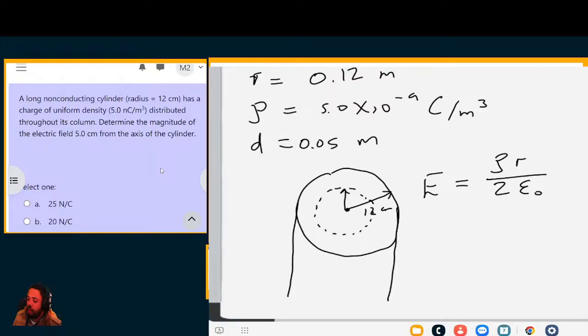That's how you get the electric field at a certain distance. If you have a question, just go ahead. It's the charge density multiplied by the distance it's away from the center over 2 E naught.